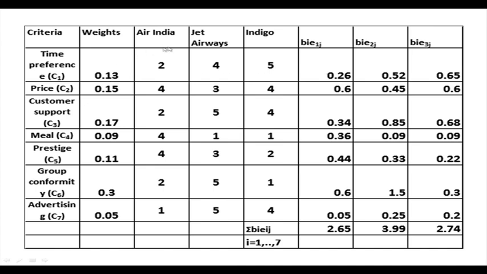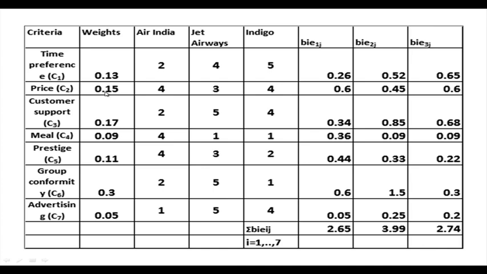Similarly, we multiply 0.13 with the 4 of Jet Airways and get 0.52, then we multiply 0.13 with this 5 of Indigo. So, we get the weighted score for Indigo in the attribute time preference as 0.65.